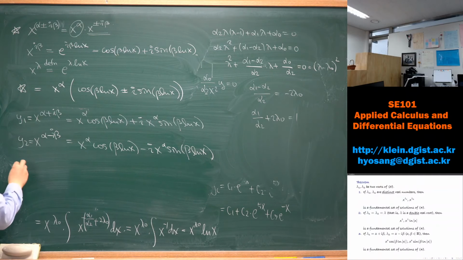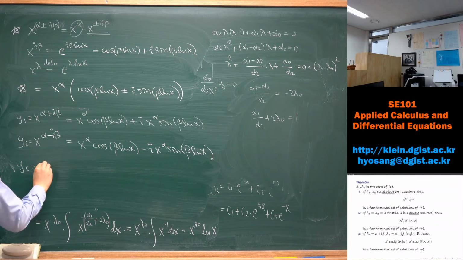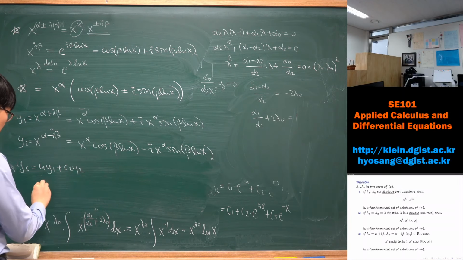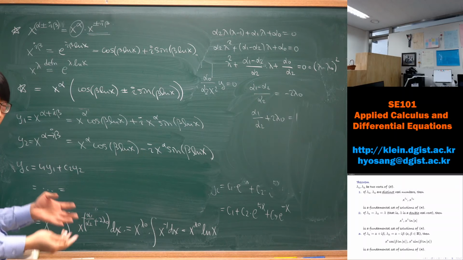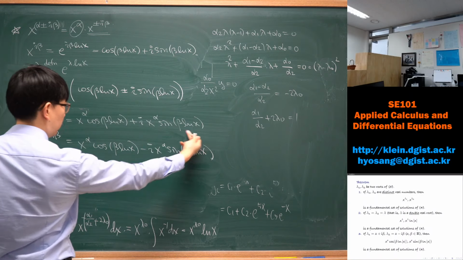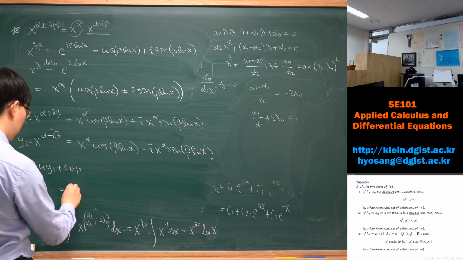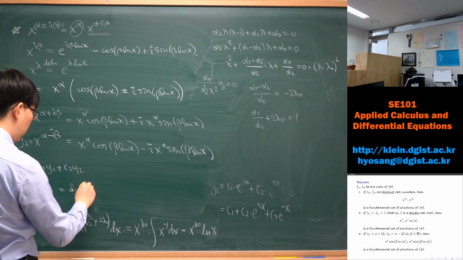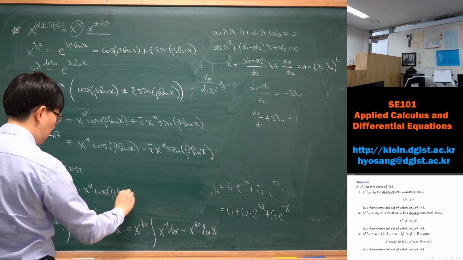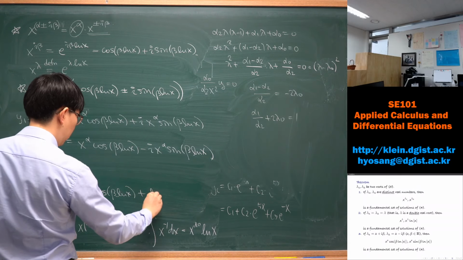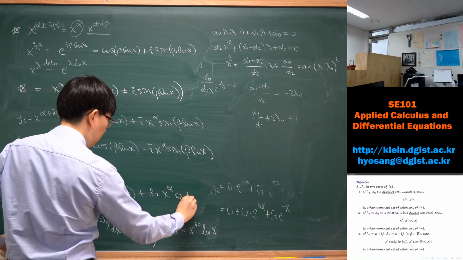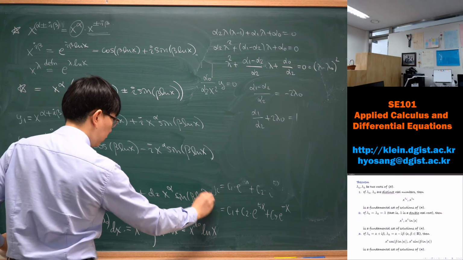However, as I mentioned, when you express your complementary solution C1y1 plus C2y2, you can rearrange your coefficients so that only the real function survives. So you can express it as d1 times x alpha cosine beta ln x plus d2 times x alpha sine beta ln x.